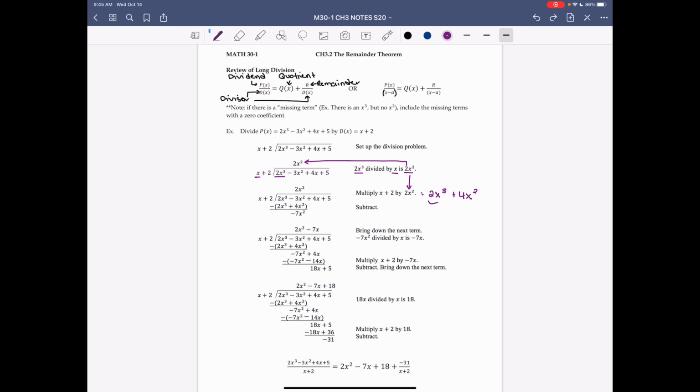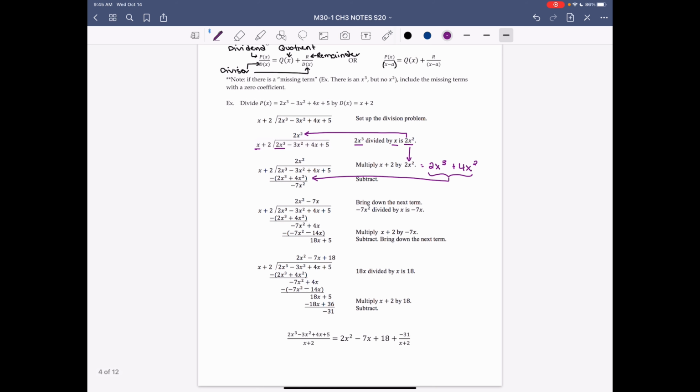We write this product below the first two terms in our dividend, and then we subtract. 2x to the 3 minus 2x to the 3. That first term should always be 0 when we're doing this, and then negative 3x squared minus 4x squared gives us negative 7x squared.